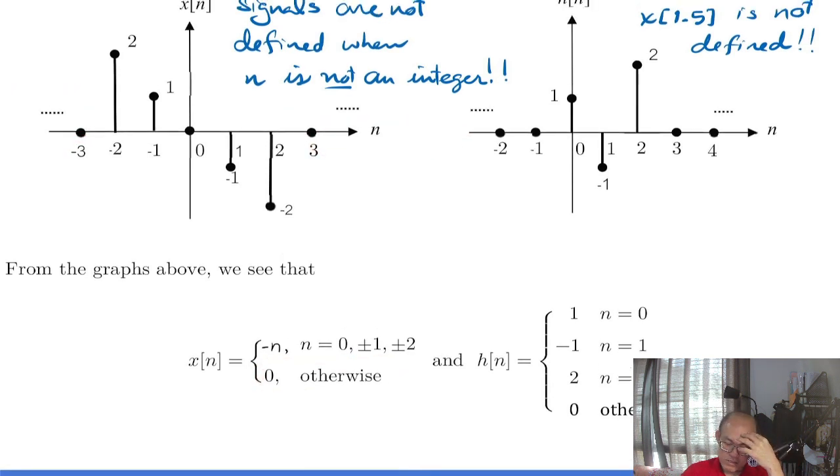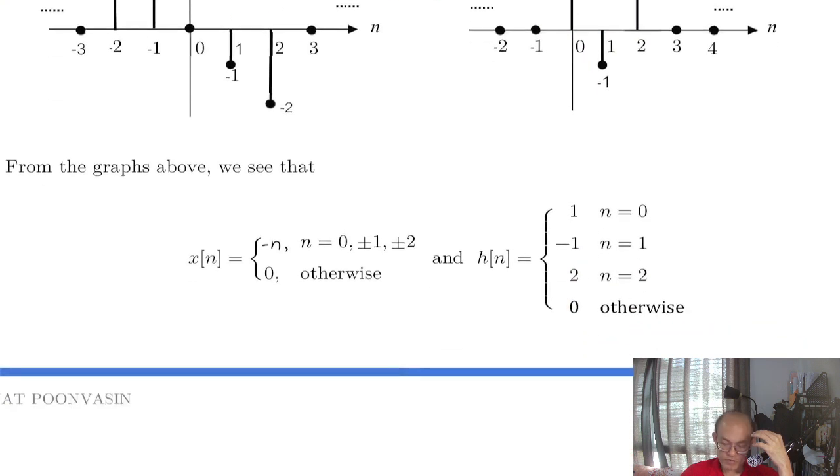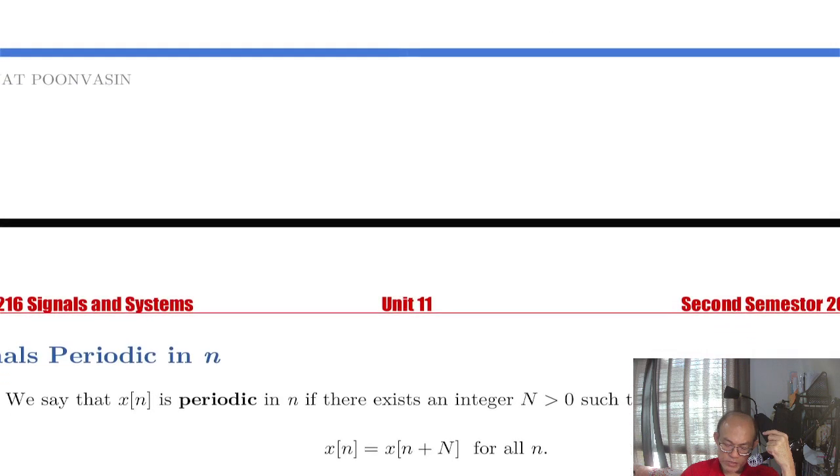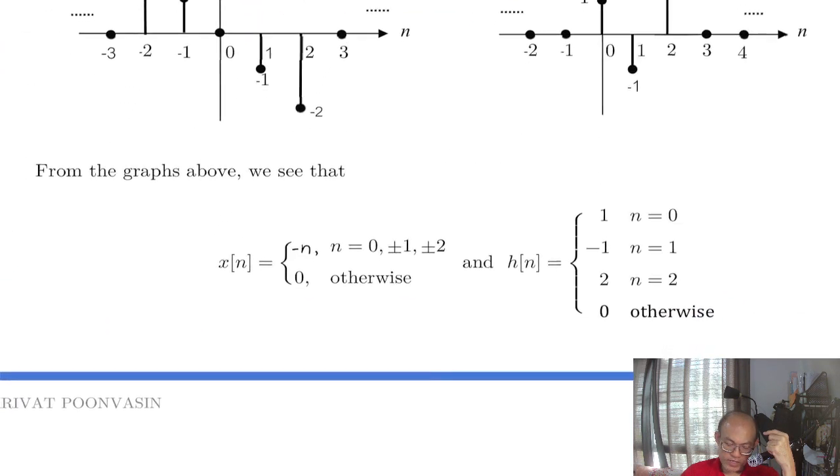On the other hand, the signal h can be defined algebraically like this. When n is 0, h is 1. When n is 1, h is minus 1. And when n is 2, h is 2. The rest is 0. So there are two ways, at least now, to define discrete time signals.